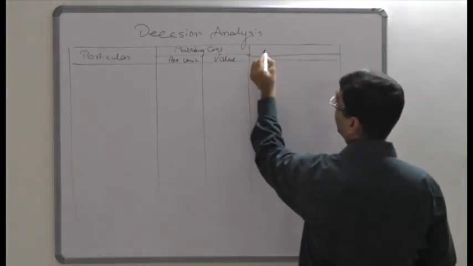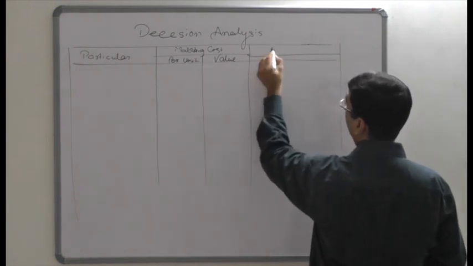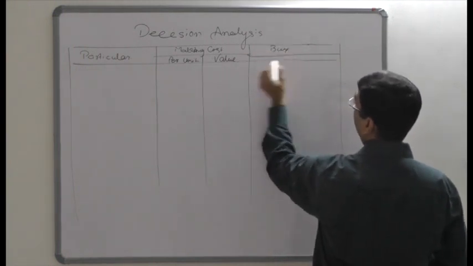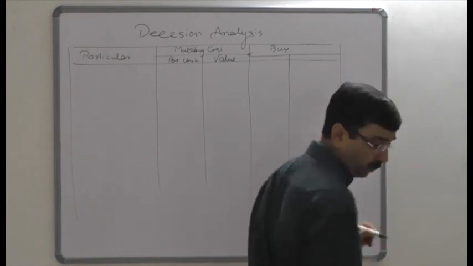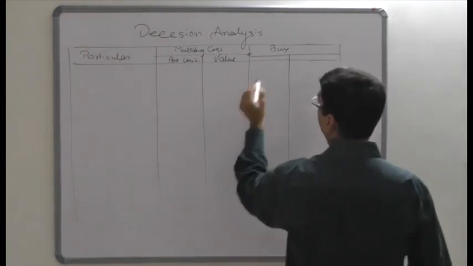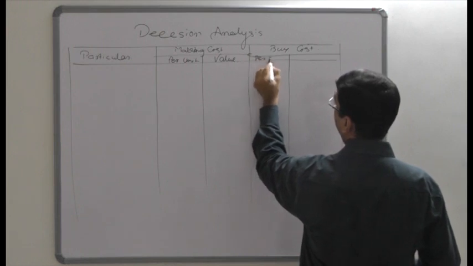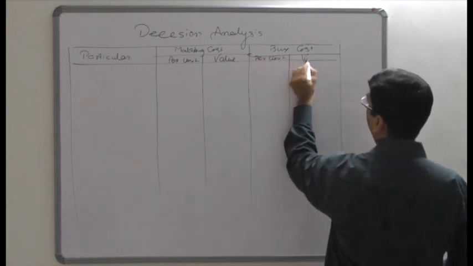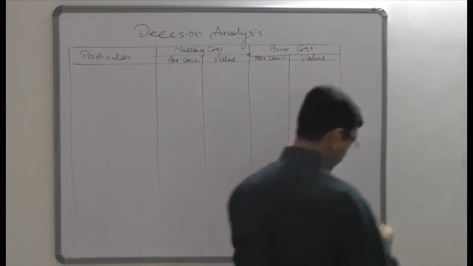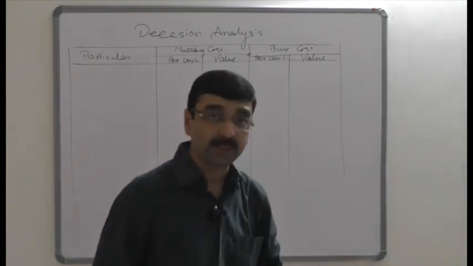And instead of making, if it is bought from outside, what would be the situation if it is bought? It's the buy cost, and that is also per unit if it is given, and the value. This is what it is all about. We have this information.